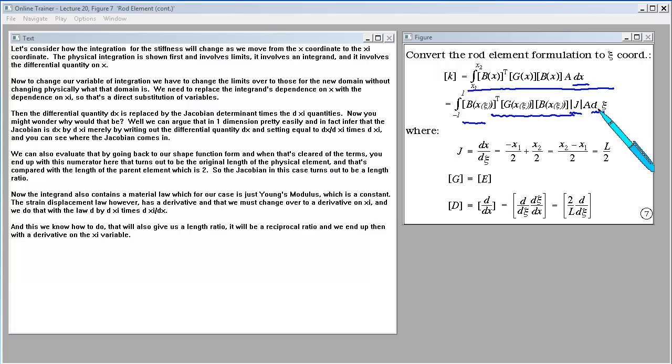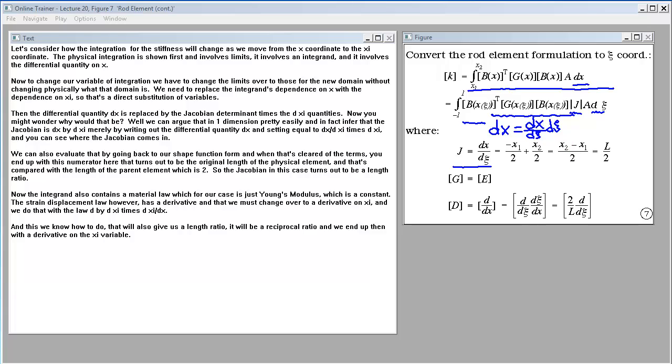Now you might wonder, why would that be? Well, we can argue that in one dimension pretty easily, and in fact infer that the Jacobian is dx by dxy merely by writing out the differential quantity dx and setting it equal to dx by dxy times dxy, and you can see where the Jacobian comes in.